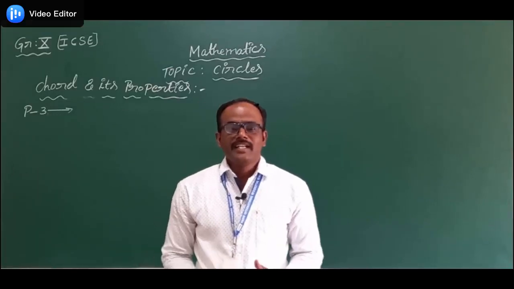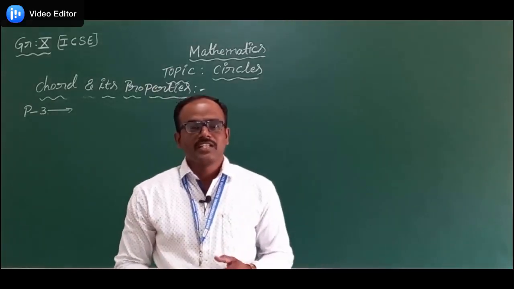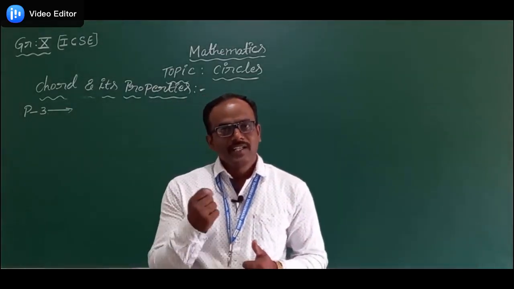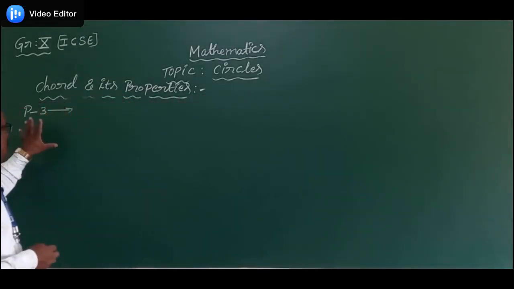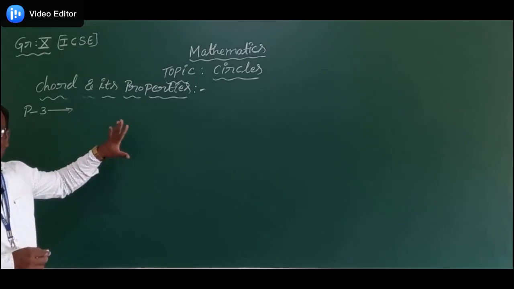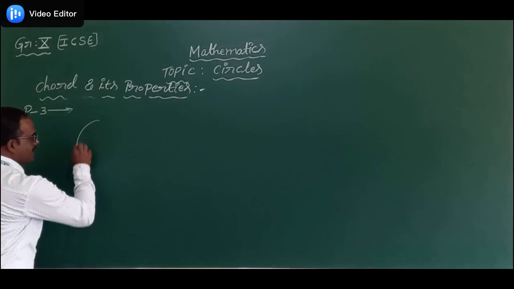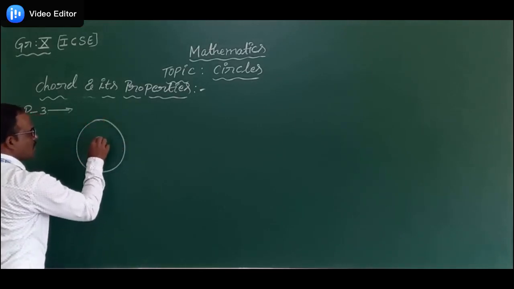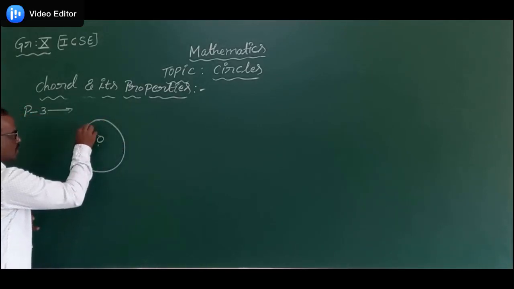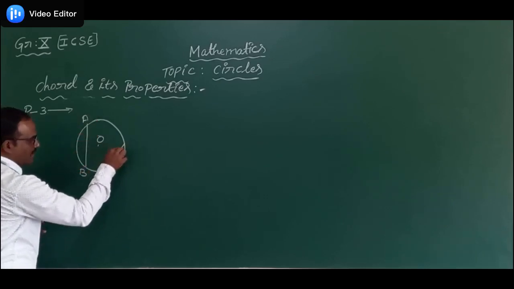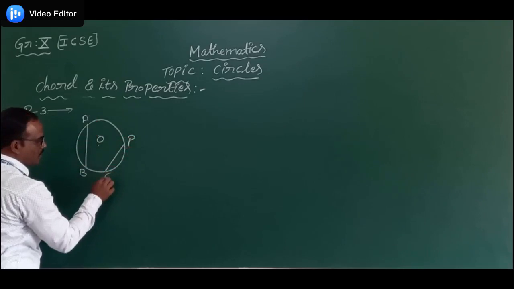Is it clear? Now, shall I go to the next property of the circles? Yes, children. After learning these two properties of chords, let us learn one more important property of the chord. Before that, we can have a diagram. Here is a circle with center O, and I am going to draw two chords, chord AB and chord PQ.